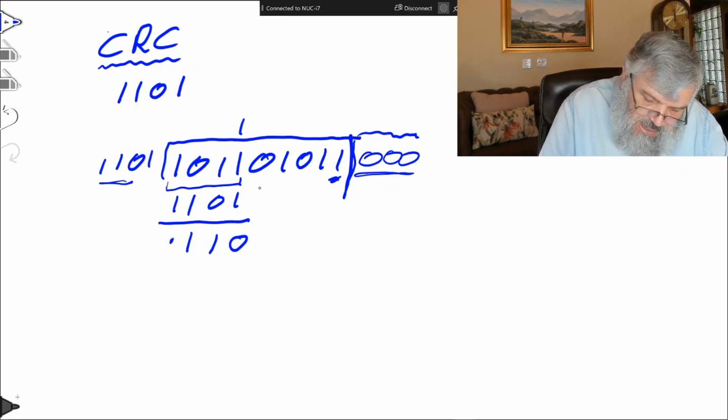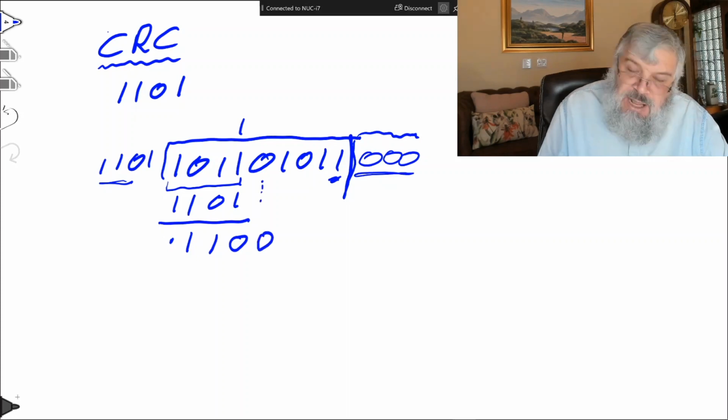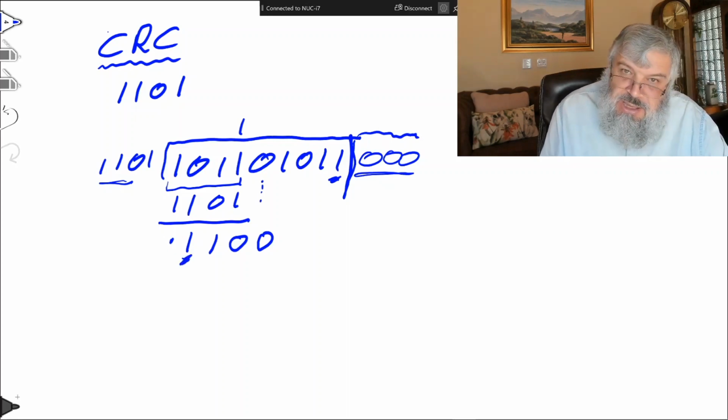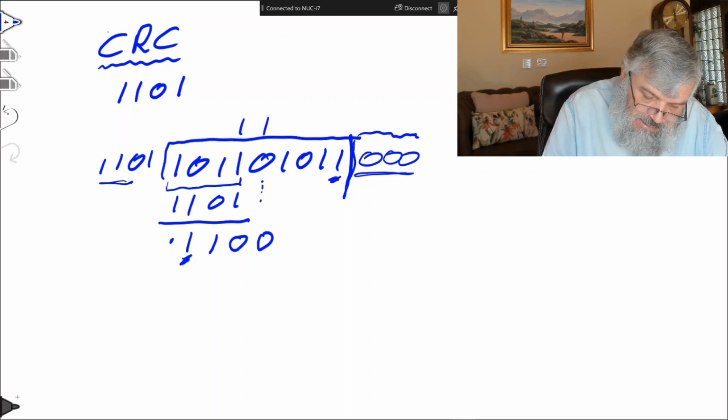So what I can do next is bring down that 0, and I'm asking whether I can divide my polynomial into that number. The only thing that I look at to make that decision is the leading bit of the number that I'm dealing with, and that's a 1, so the answer is yes, I can.